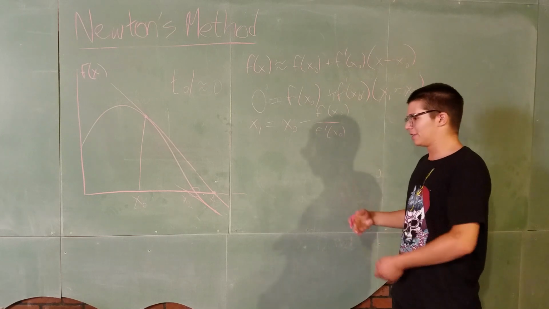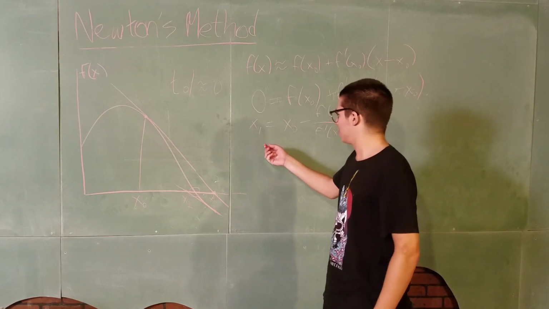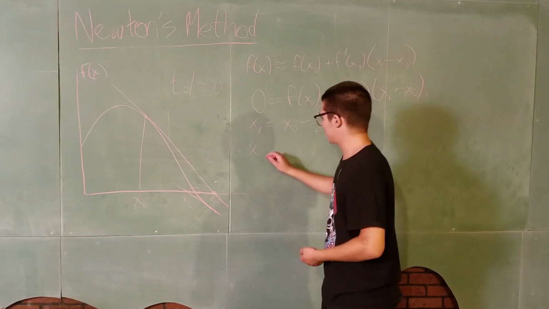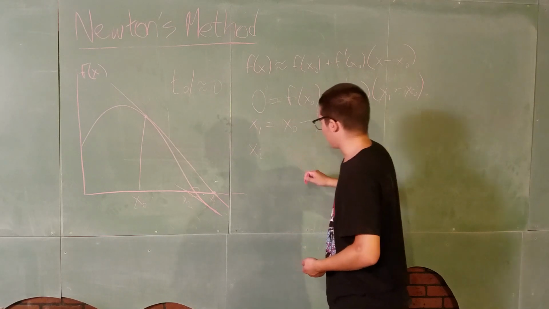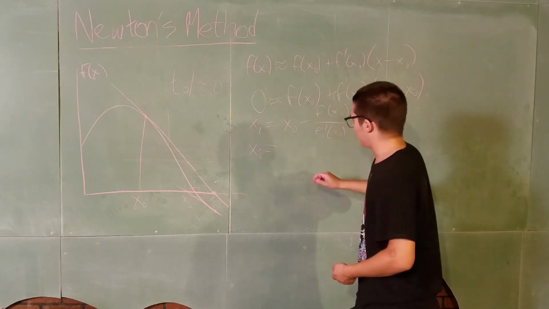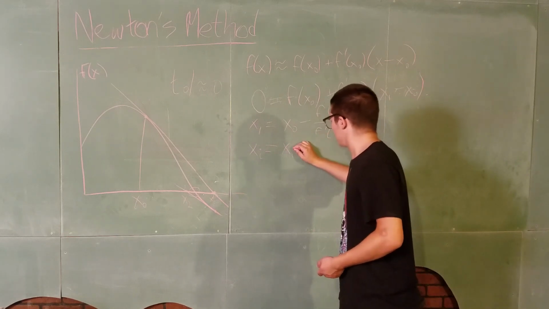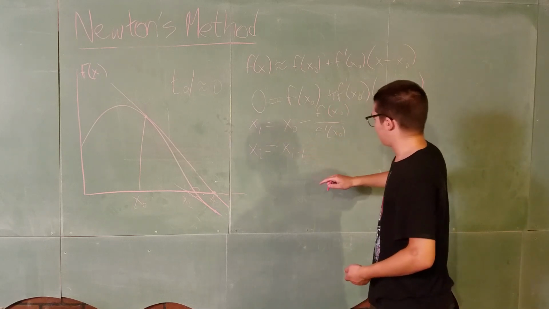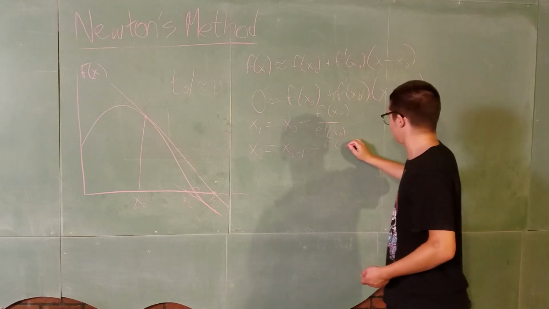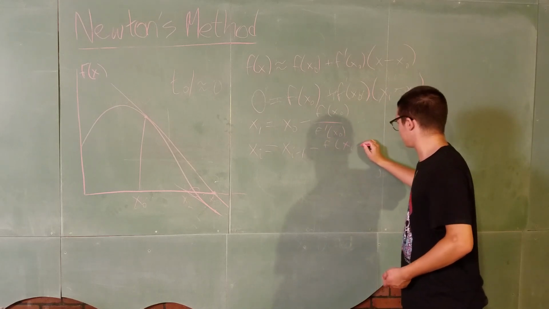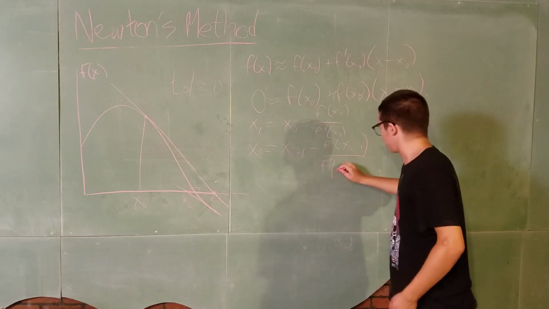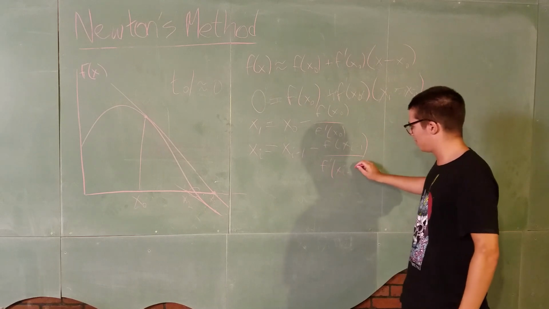And if you continue this forever, you can generalize this by saying that xi, whichever x we're using, indexed with i, will always be equal to the term that came before it, xi minus 1, minus the function value at xi minus 1, divided by the derivative of the function at xi minus 1.